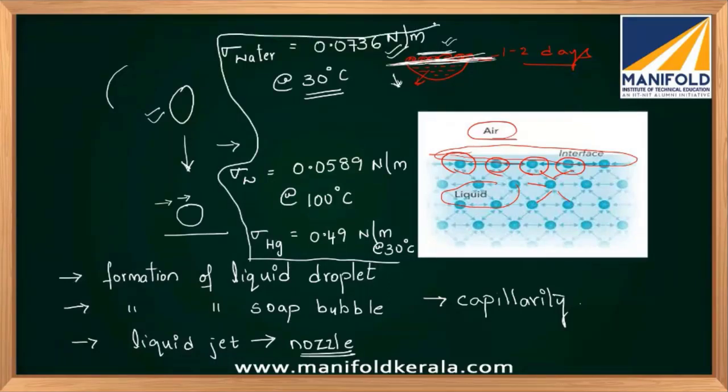Water we generally take at room temperature, which is 0.0736. Surface tension is inversely proportional to temperature. If temperature increases, surface tension decreases. This is again a very important note.